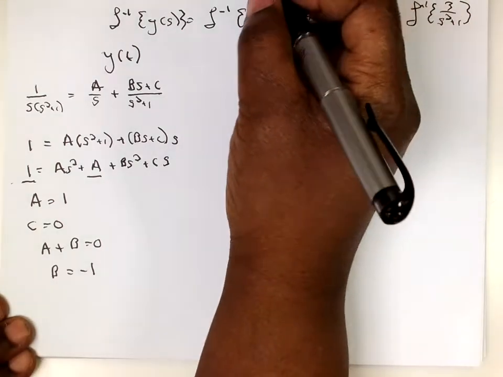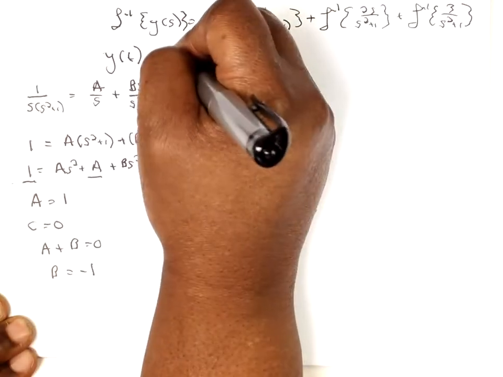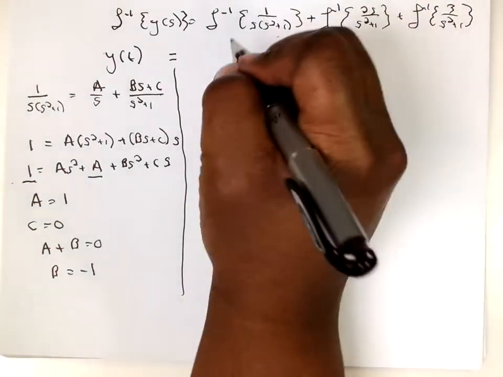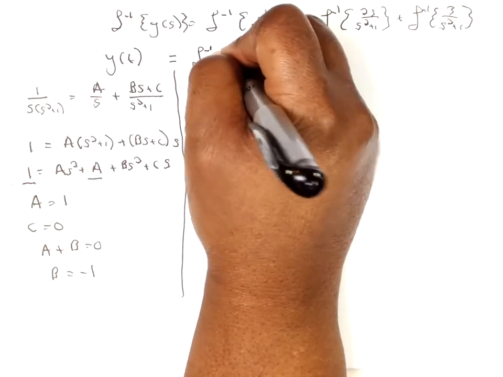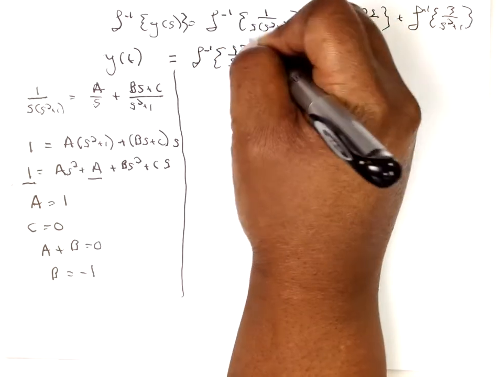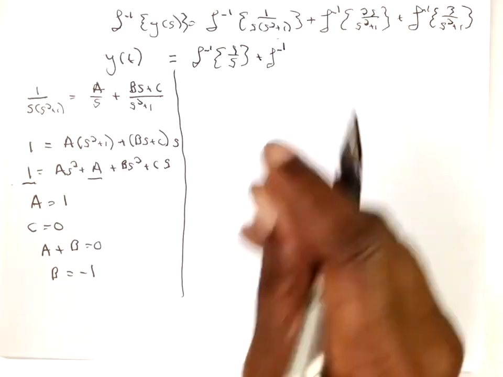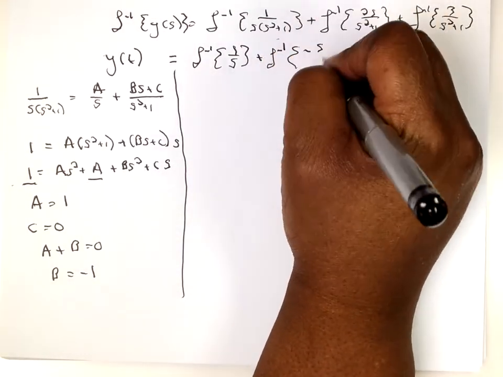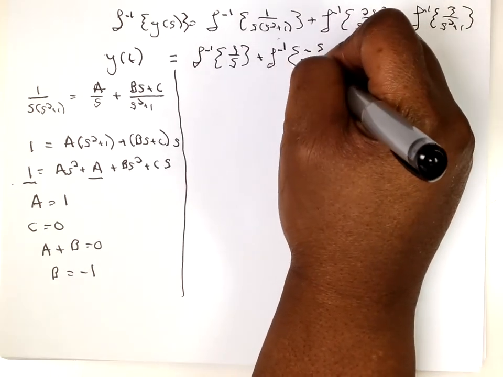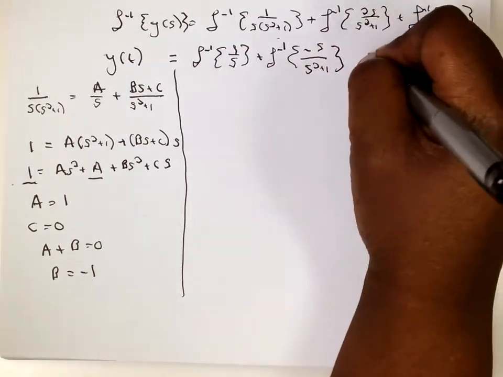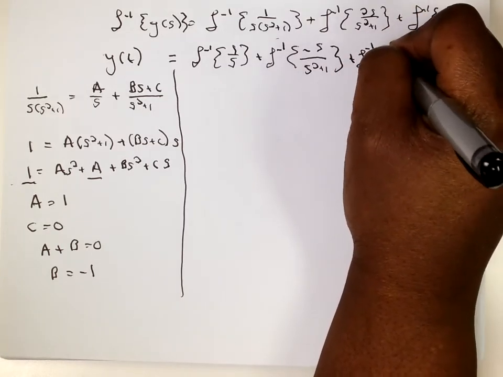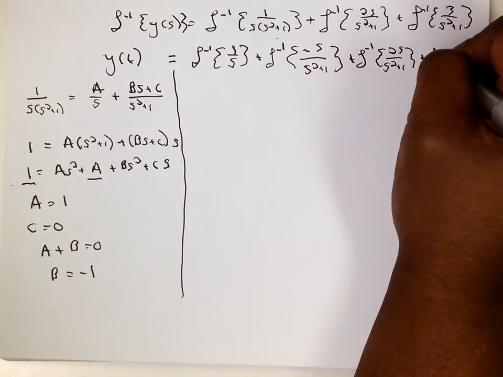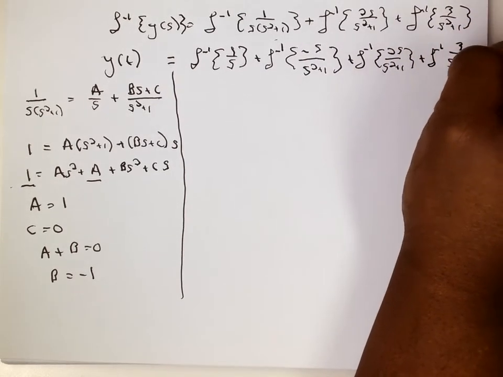So I can split these up. And a was 1, so I get the inverse Laplace of 1 over s, plus the inverse Laplace of b was negative 1, so negative s over s squared plus 1, plus the inverse Laplace of 2s over s squared plus 1, plus the inverse Laplace of 3 over s squared plus 1.